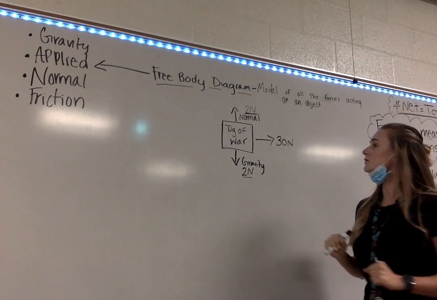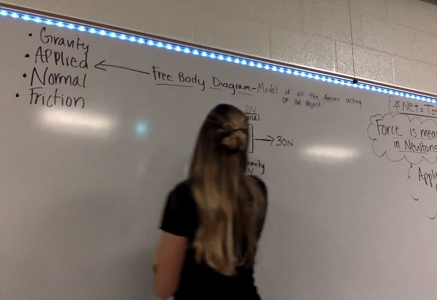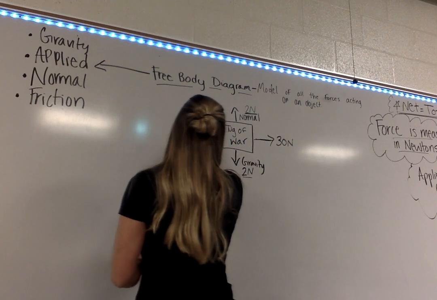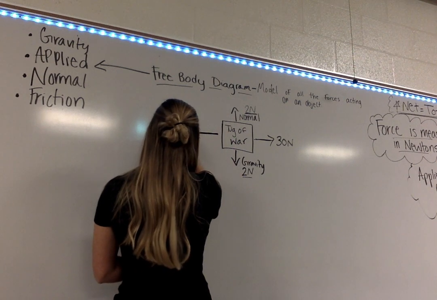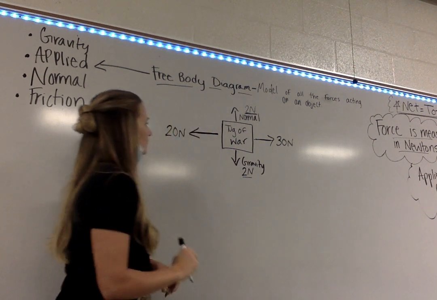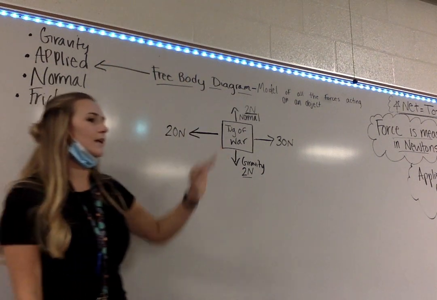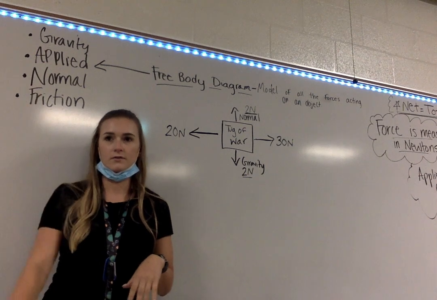Girls, we're strong. We beat them last week in our tug of war. But this week, we're just missing some girls. That's probably why. So we're only pulling with 20 newtons this direction. If you had a guess, which one of these would I label my applied force? Which one? Noah? 20.